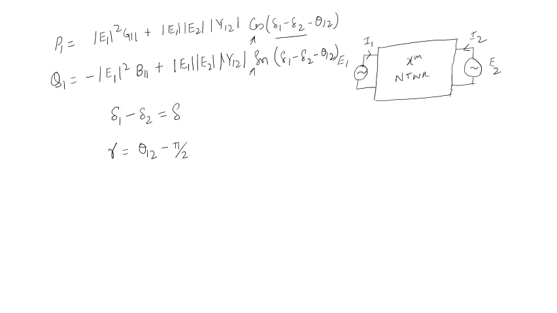So cos, you can write cos del minus theta, if I put this second assumption, so it's gamma minus pi by 2.